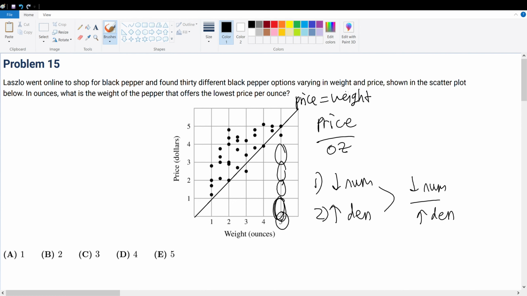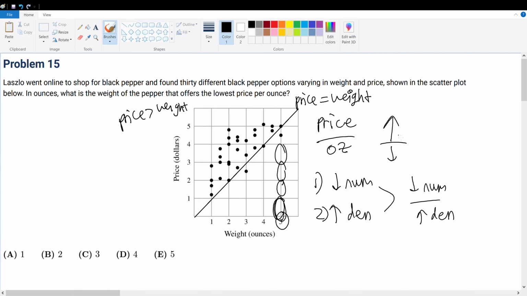So in other words, what is the price range of dots above this line? Well, plots that are above this line are where the price is larger than the weight, right? And if we look back to our fraction, that means we increase our price and decrease our weight.